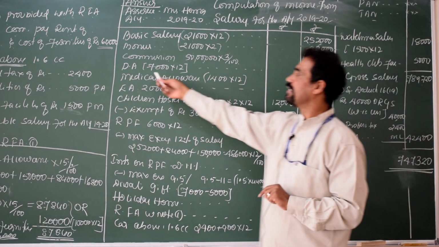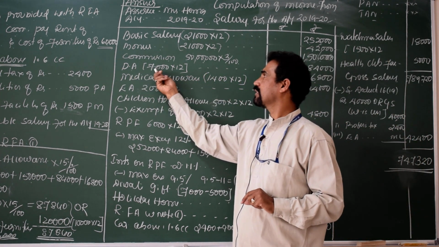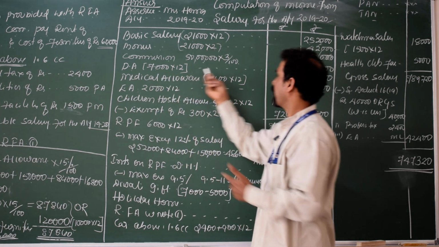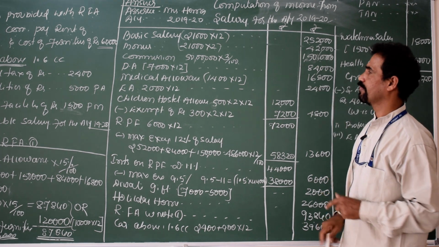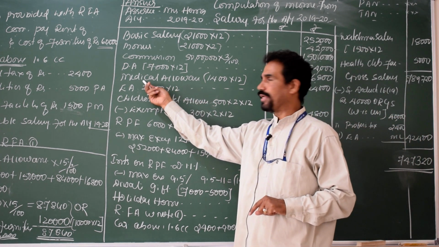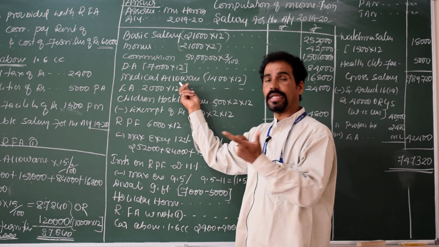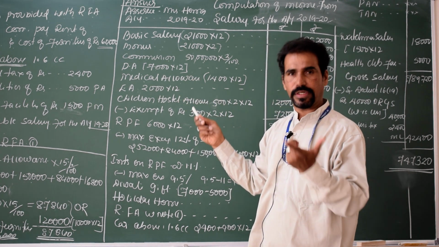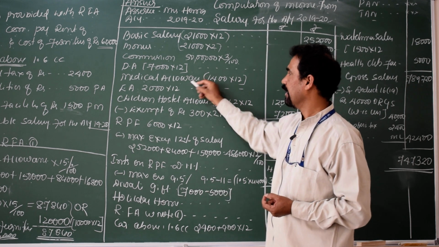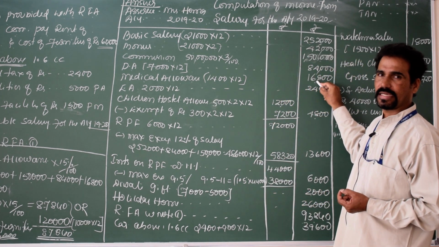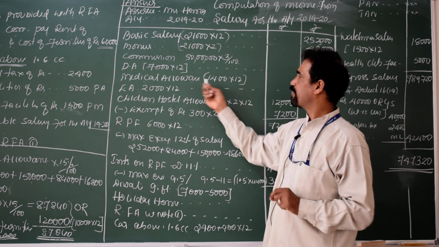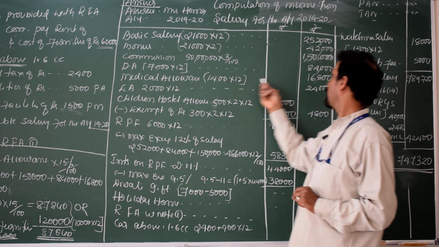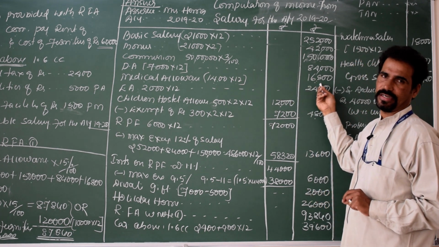Next, DA. DA is also given, 7,000 per month into 12 months, so 84,000. Next, medical allowances. Already I told you medical reimbursement and medical expense are different. Whatever amount is given as medical allowance should be transferred to taxable income. 1,400 into 12 months comes to 16,800.